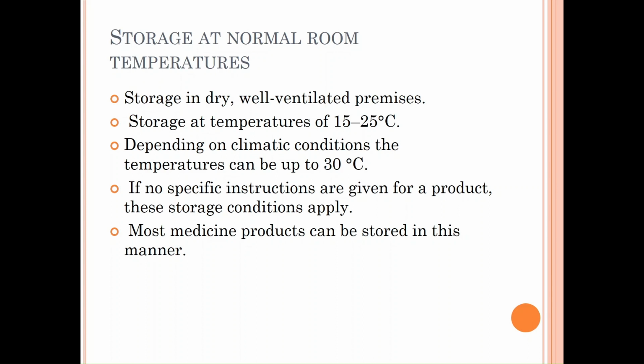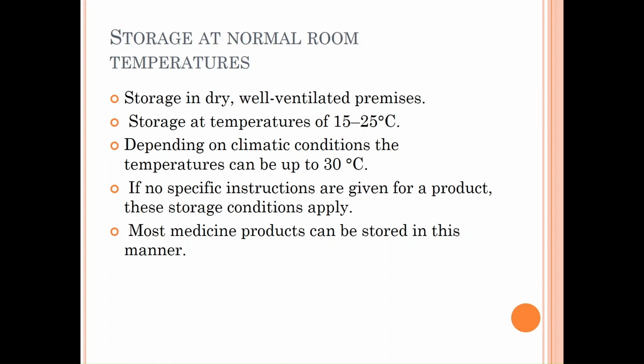And then depending on the climatic conditions, the temperatures can be up to 30 degrees centigrade. So it depends on the specific location, room temperature can go up to 30 degrees centigrade. However, our range is 15 to 25, or we can say 15 to 30 degrees centigrade, since other climatic conditions can go up to 30 degrees centigrade.